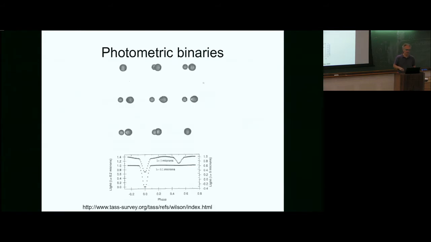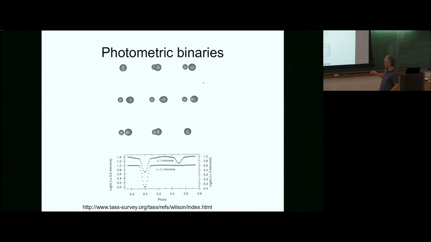an additional group of binaries are the photometric binaries, which are the binaries for which we see variation in the amount of light that comes from the binary. This variation can come from a number of factors. One is that we can have eclipses, like in this case shown here.